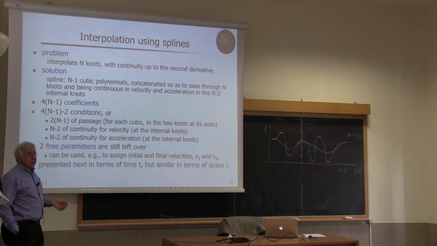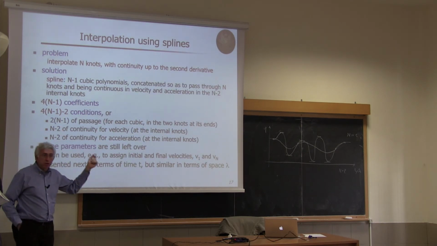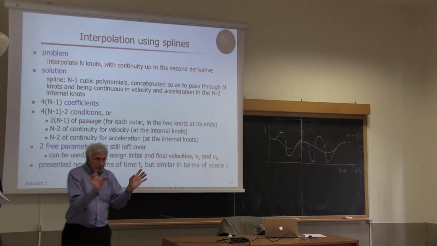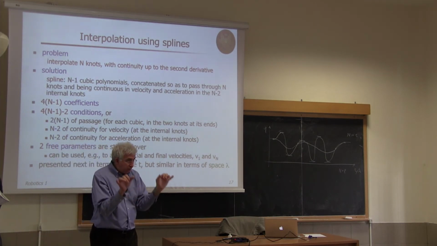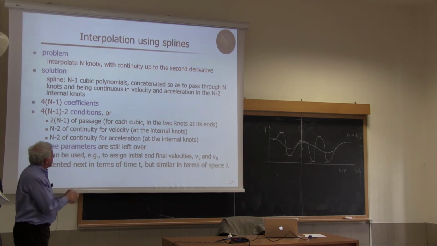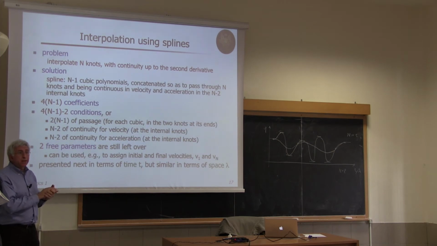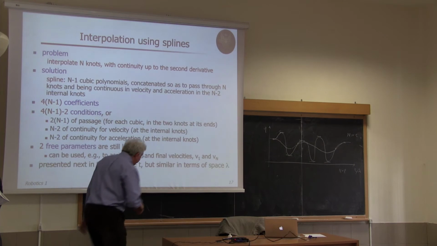So what is a spline? A cubic spline in this case is a function made by, in this case, n minus 1 cubic polynomials, because there are n knots, so n minus 1 intervals. So I have n minus 1 cubic polynomials that interpolate the knots and give continuity at the intermediate knots. How many intermediate knots are there?